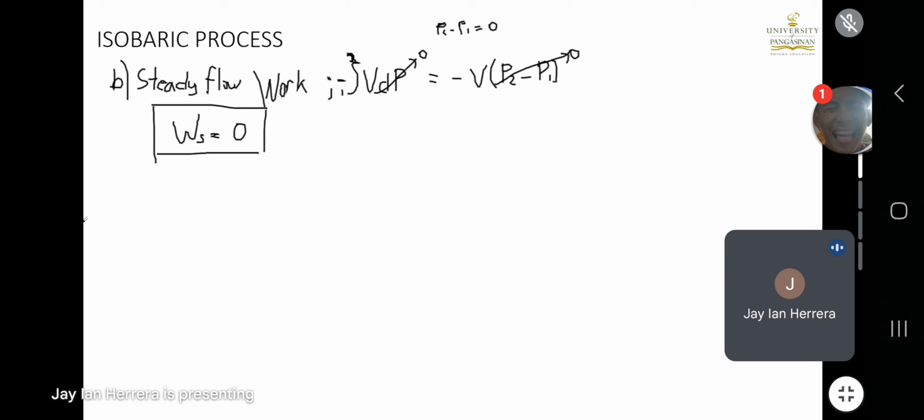Okay, let's proceed. Next is the change in internal energy.